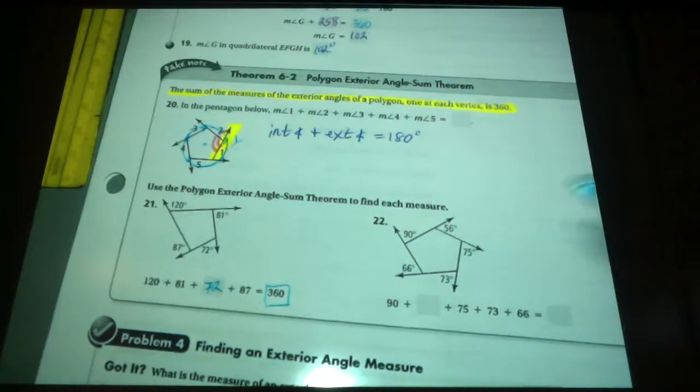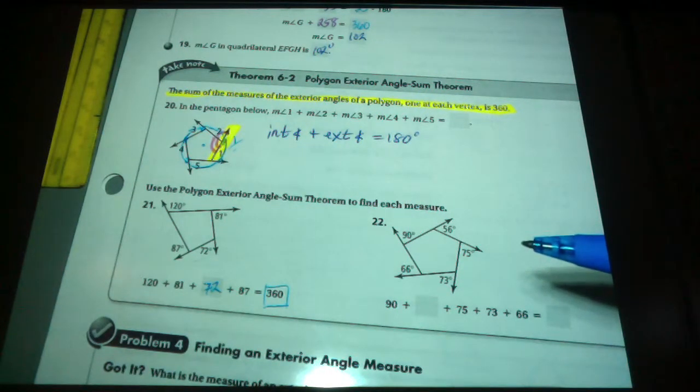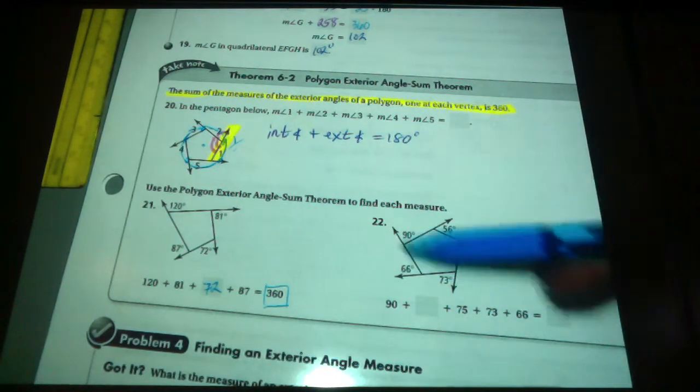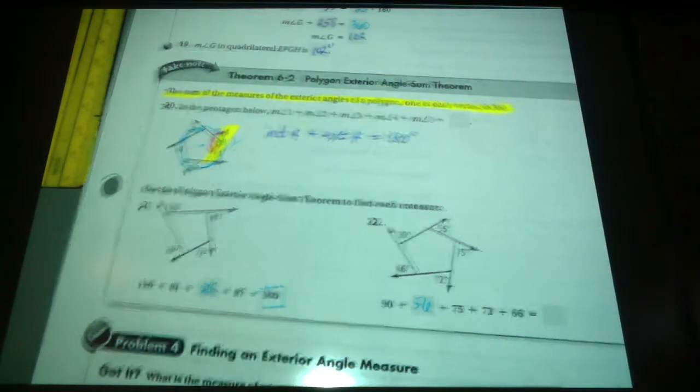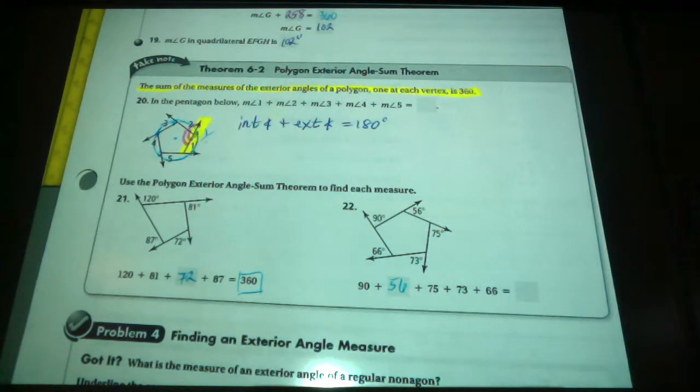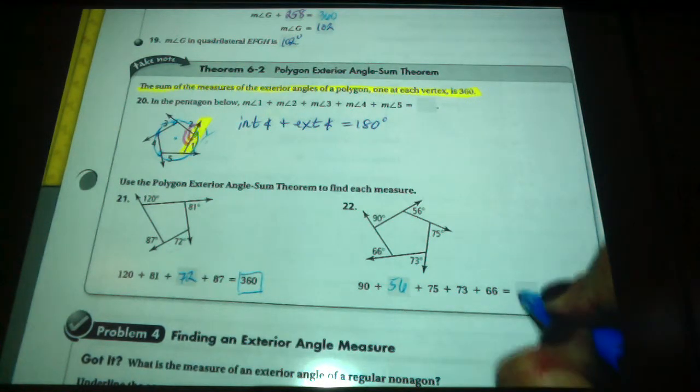Yep. So it shouldn't matter. Now add all these up and let's see what they add up to. Yep, that equals 360 as well.